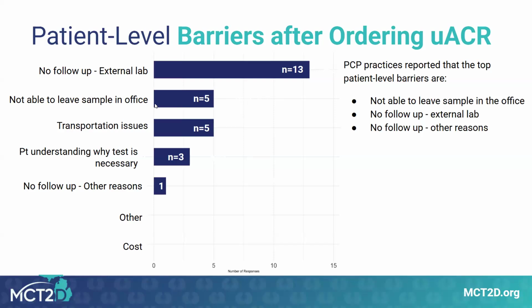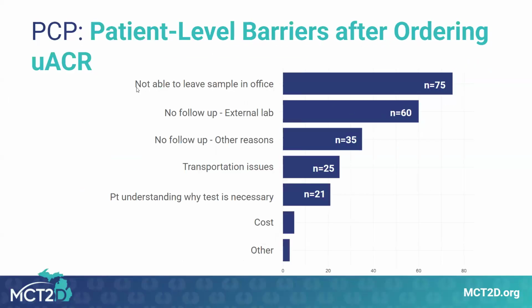Once again, not being able to leave a sample in the office, transportation issues for patients to get to testing, and understanding why the test is necessary, which was one of the prompts from the feedback we got that led to that UACR patient education monograph. And for PCPs, similar: not being able to leave the sample in the office seems to be a big issue, and obviously that makes sense in terms of convenience for the patients.